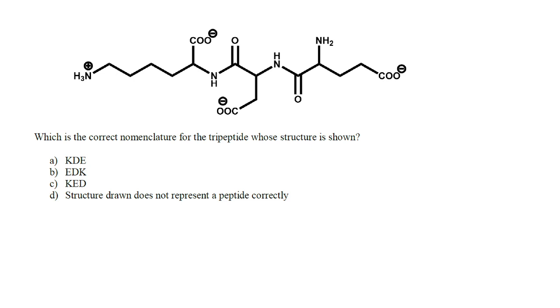Which is the correct nomenclature for the tripeptide whose structure is shown? Which option is correct? EDK, option B. K, D, E; EDK; K, D, E, right? Option B, E, D, K. Which one is the E amino acid?